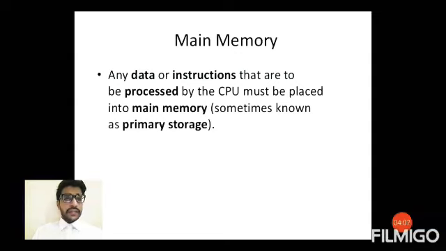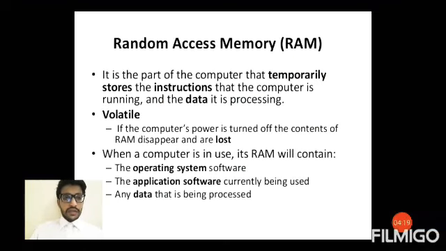Main memory. Data or instructions that are to be processed by a CPU must be placed into the main memory, known as primary storage. Random access memory, RAM, is the part of the computer that temporarily stores the instructions that a computer is running and the data it is processing.